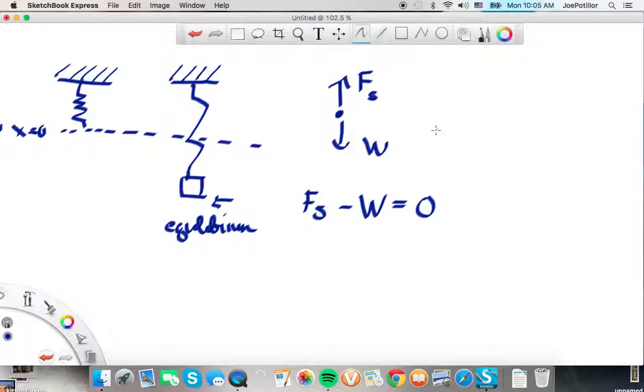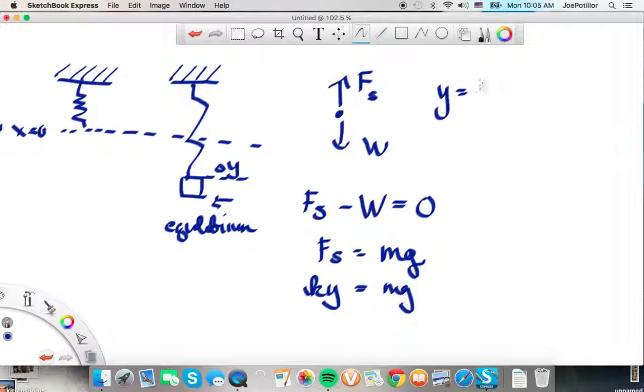If I solve this equation for the distance from this point, called delta y, we have force spring equals mg, the weight of the object, so ky equals mg, and so y is equal to mg divided by k. We're just using y because it's on the vertical axis in this situation.